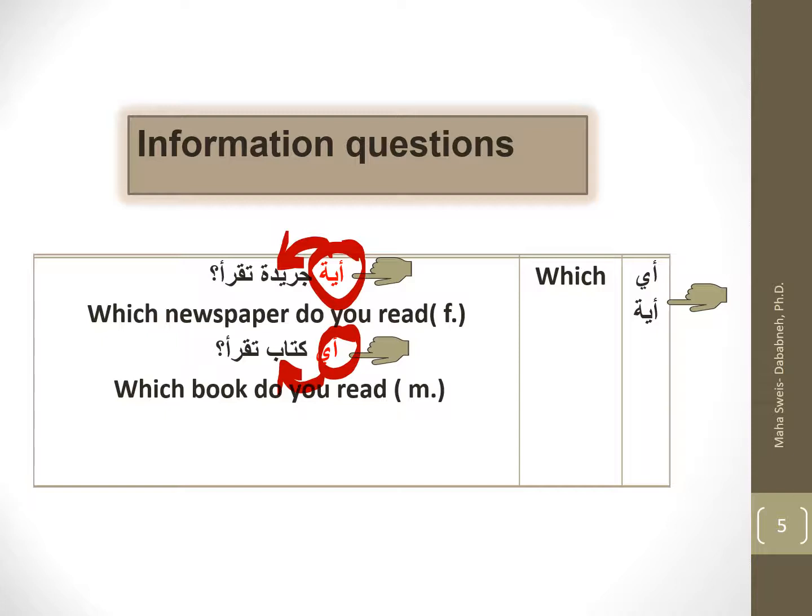So if your noun is feminine, you use أية. If your noun is masculine, you use أي. So you have to pay attention to the noun that follows أي or أية.